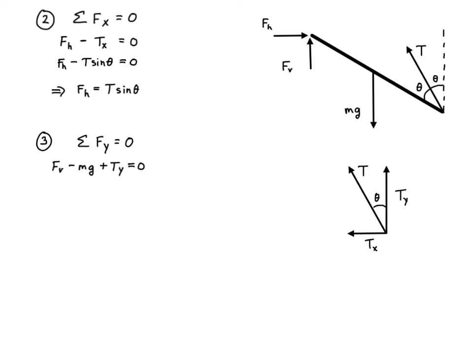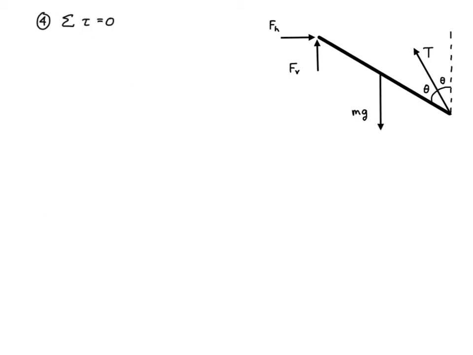Just draw the forces in any direction, choose it, and in the end the sign of that force will tell you whether it's the same direction or opposite to what you chose. Now we can put in for Ty, which will be T cosine theta. And solving for F sub v, we get F sub v equals mg minus T cosine theta.